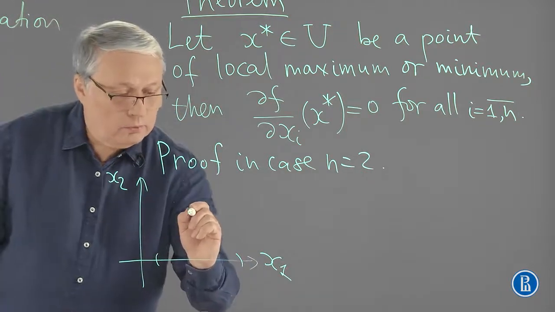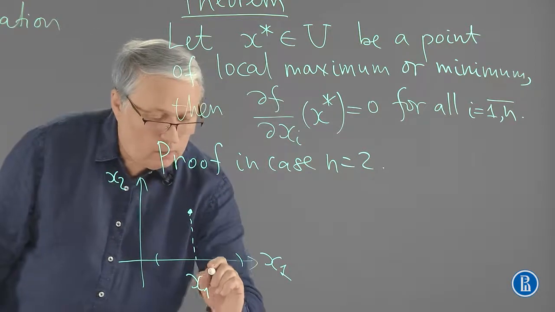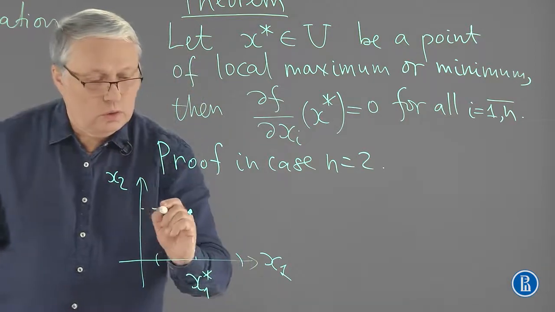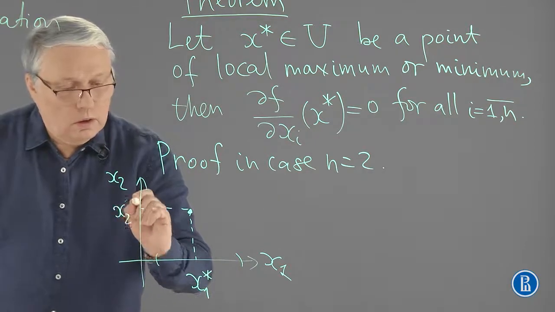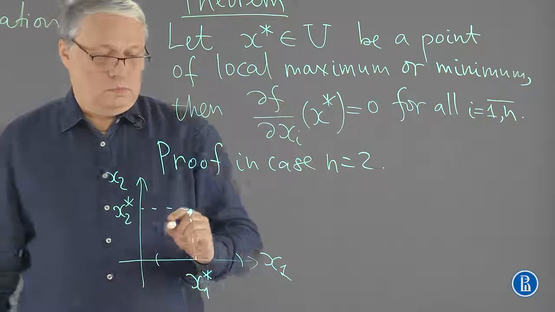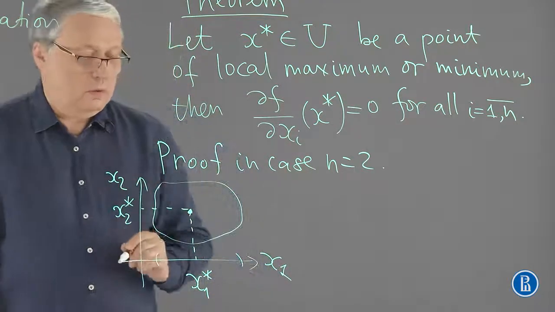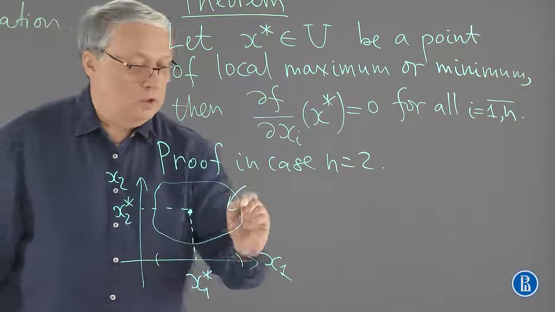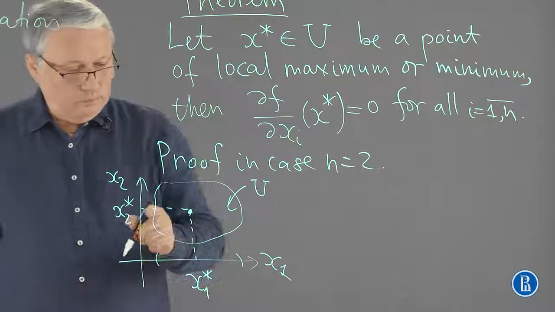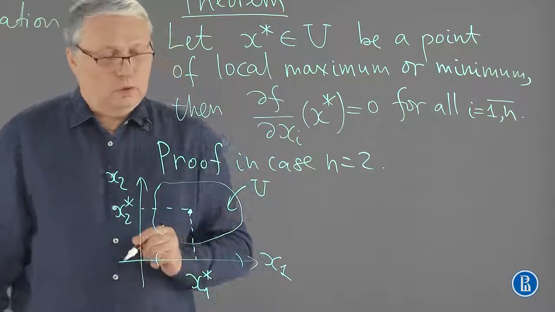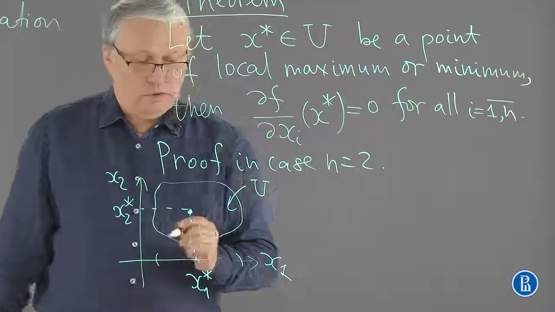And here we have a point where this function, so that will be our domain U. First I decided to choose a rectangle, but I can replace this rectangle with any open set, whatever.